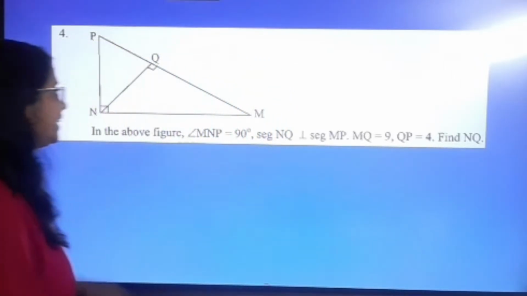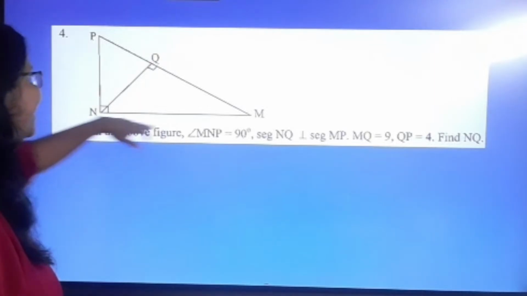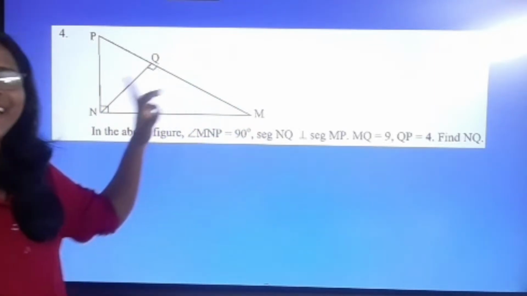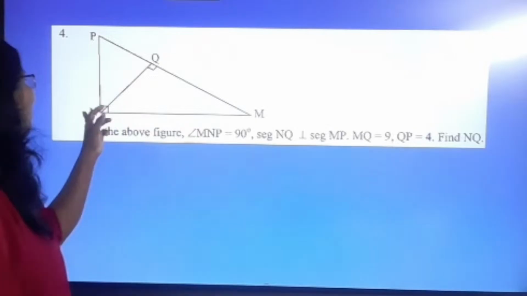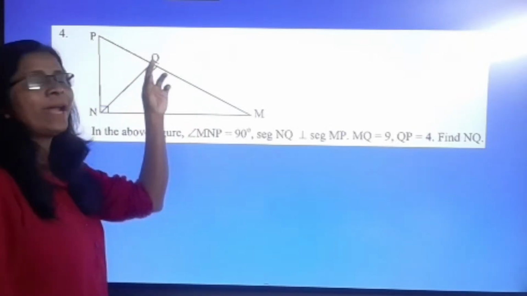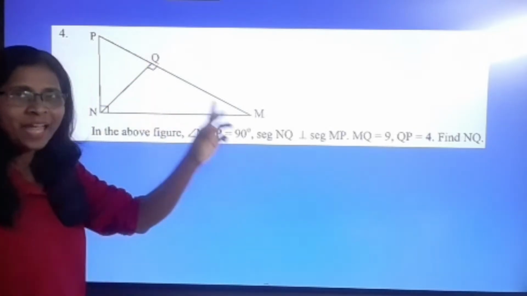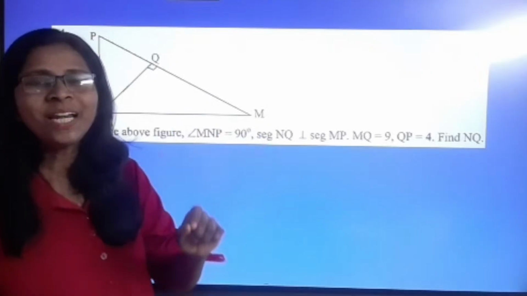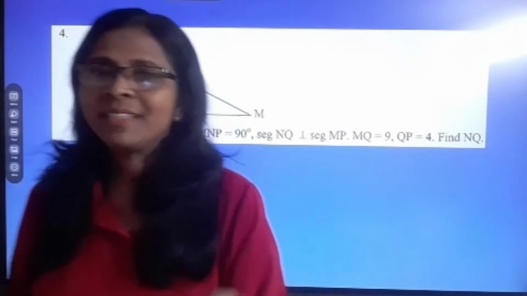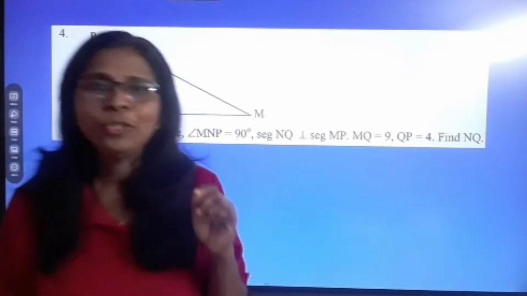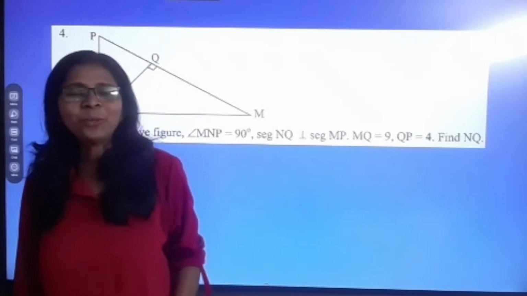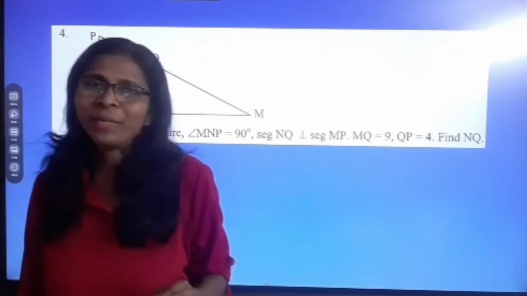As you see here, students, this is a right angle triangle, and by drawing the altitude on the hypotenuse, that means surely we say that it is the property of geometric mean. Okay, it is the property of geometric mean.